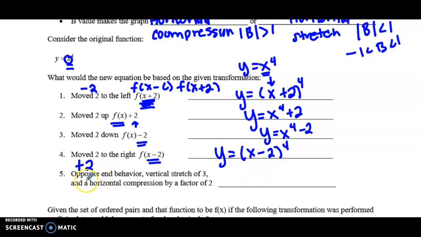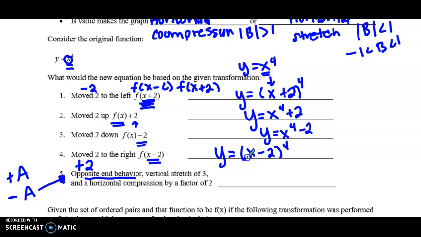Now notice how this says opposite end behavior. Your positive a value out front keeps the original end behavior. If you make that a negative, that is what causes the opposite end behavior. Then we have a vertical stretch of 3. Let's take a look at our general equation.